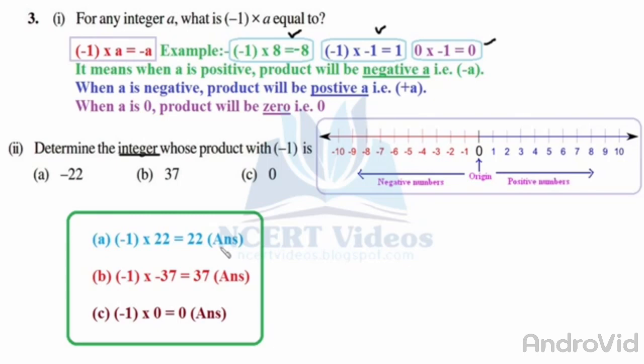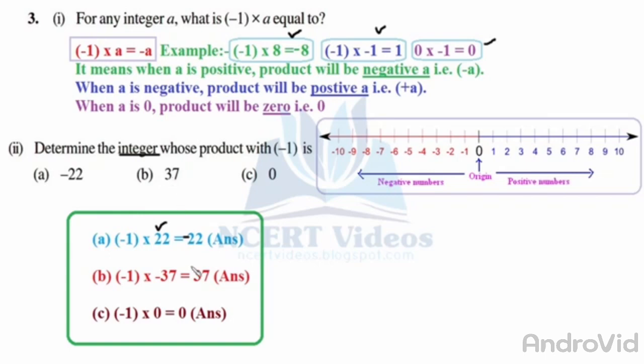It will be 22. Here it will be minus. Therefore 22 as it is, and minus plus is minus, therefore we will write minus here. So the answer here is 22.